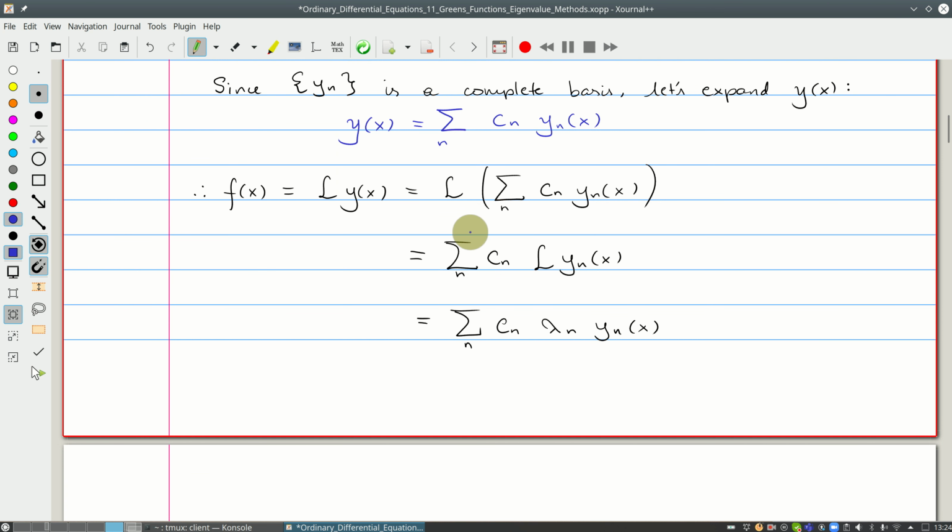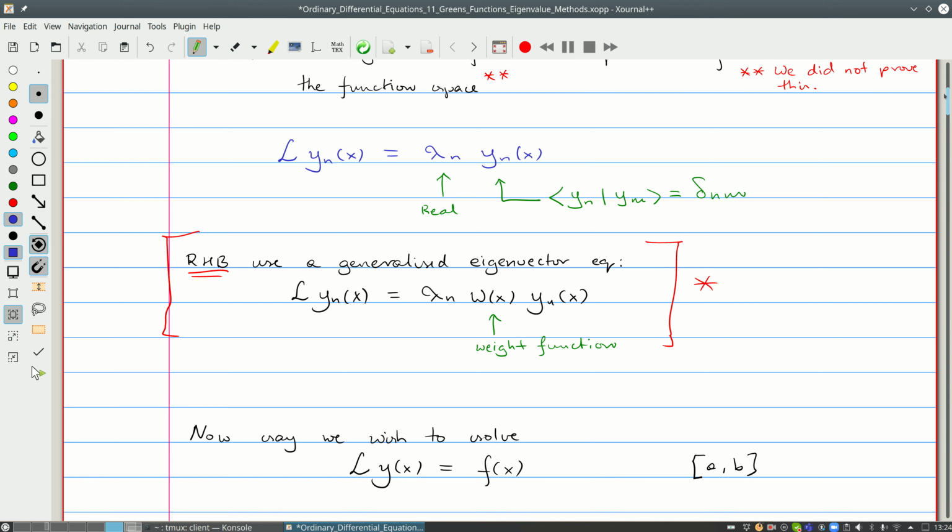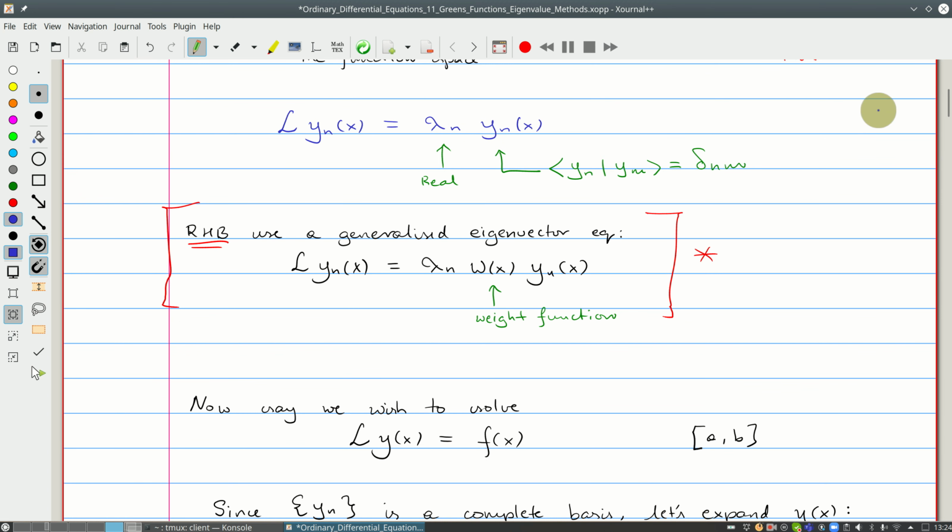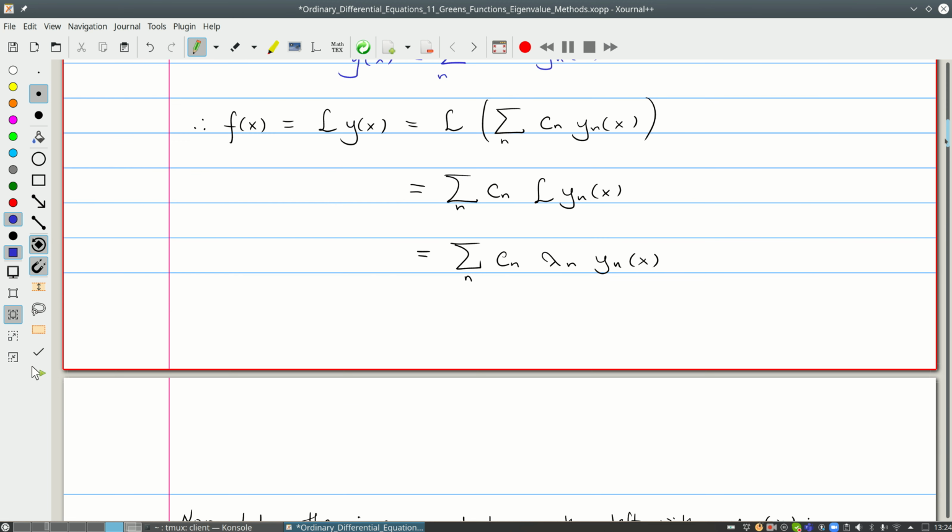L is a linear operator, so we can pull it into the sum, and therefore we get the sum over n of Cn, L operating on yn. But yn is an eigenfunction of L, so we get lambda n times yn, which is what I've written down here.